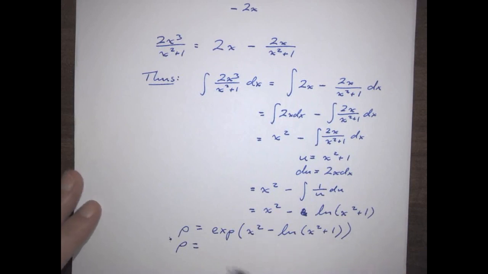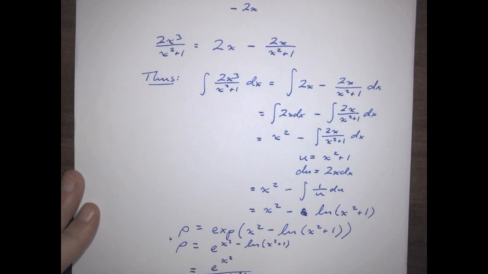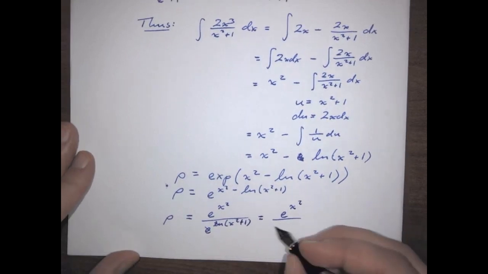And so what this is going to give us is e to the x squared minus natural log of x squared plus 1, which we can rewrite according to the properties of exponents as e to the x squared divided by e to the natural log of x squared plus 1, which is going to be just e to the x squared, and these are going to cancel each other out, and we're going to end up with just x squared plus 1.